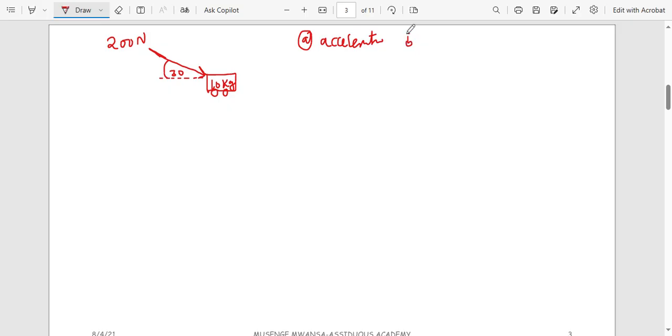And then B, what will be the distance covered after, say, 3 seconds? And then number C, what will be the final velocity after covering a distance of, say, 5 meters?